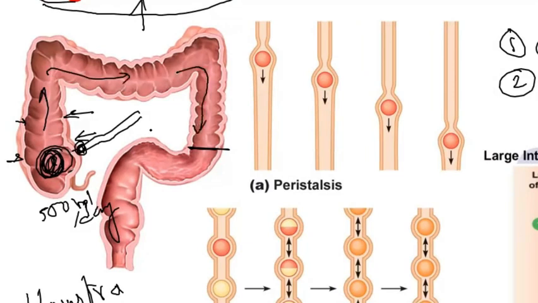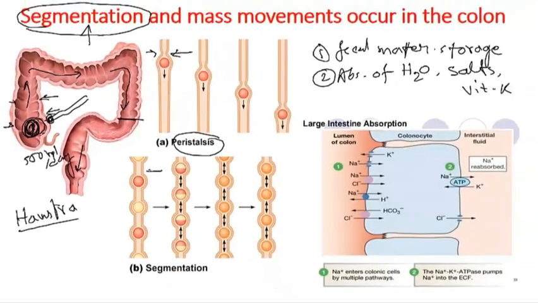This haustral contraction and mass movement propels the feces towards the sigmoid colon and finally into the rectum. This peristalsis is not from a single direction, as there are multiple segments. Segmentation plays a further role in clearing the fecal materials.